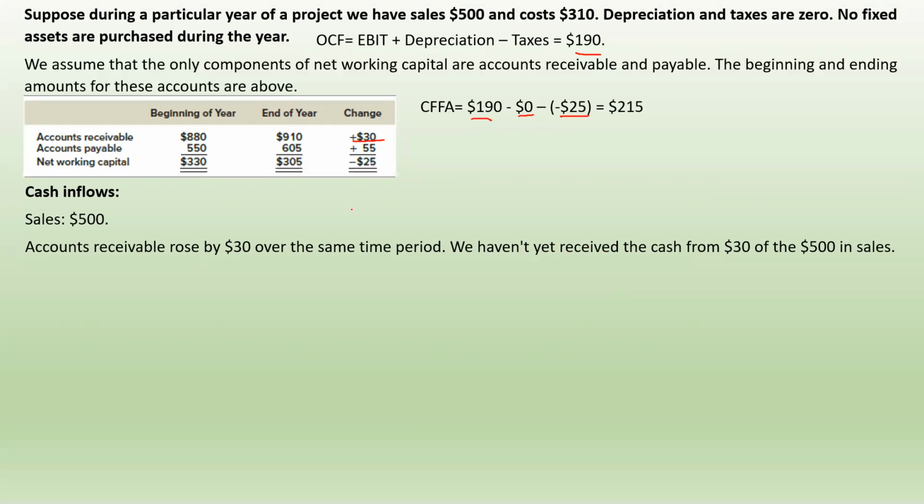The customer may pay next month or in 3 months, but we don't know. So there's $30 we didn't collect. So the cash inflow is 500 minus this $30, the increase in accounts receivable.